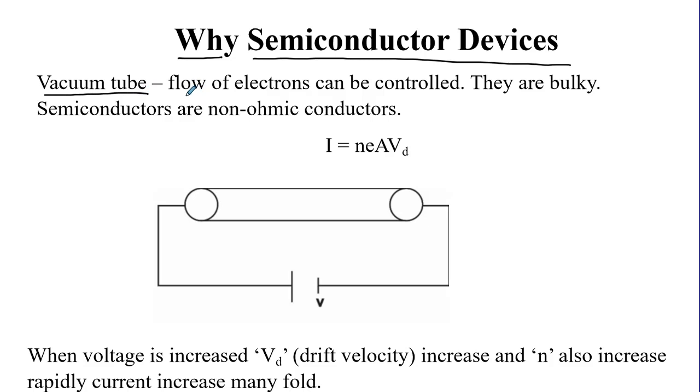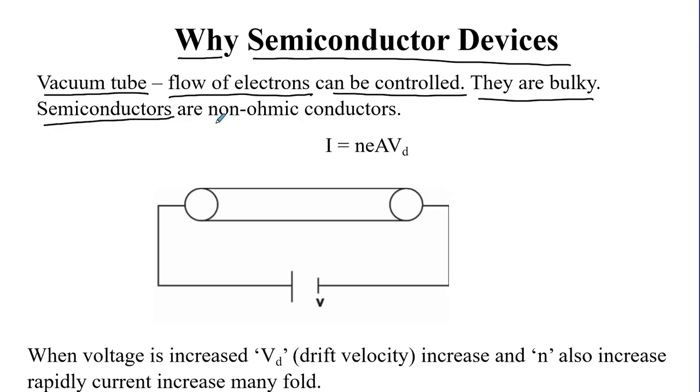We use it in our old televisions, where electrons are generated through thermionic emission and are further controlled by accelerating voltage, and currents are changed in the circuit dynamically. But the problem with them is they are bulky, consume lots of power and are inconvenient to use.